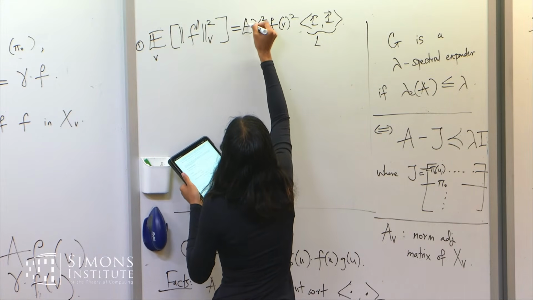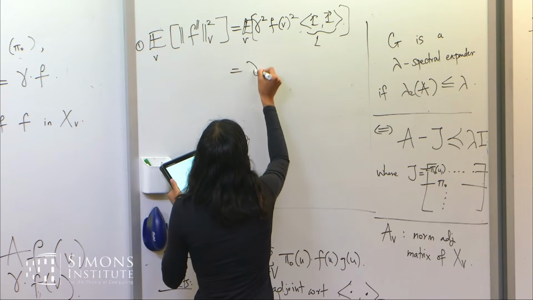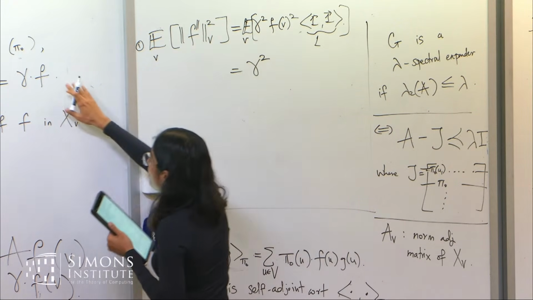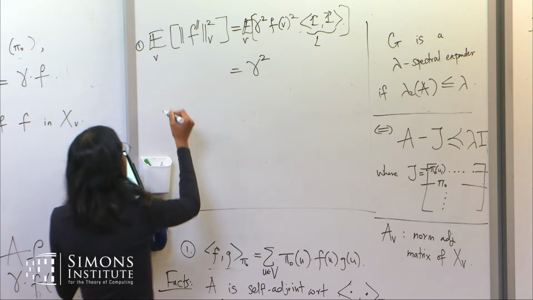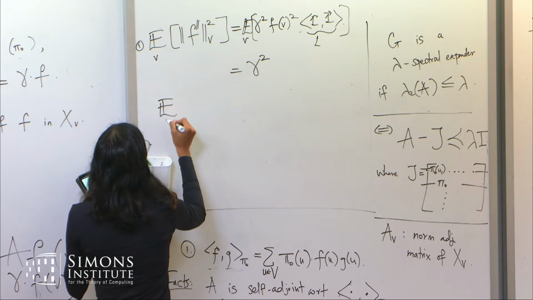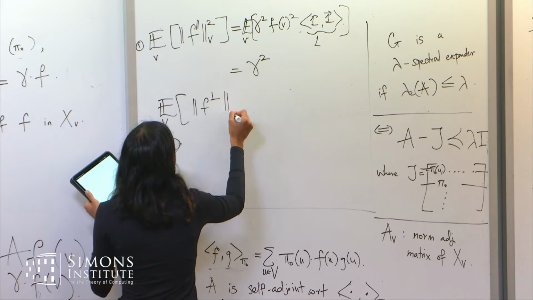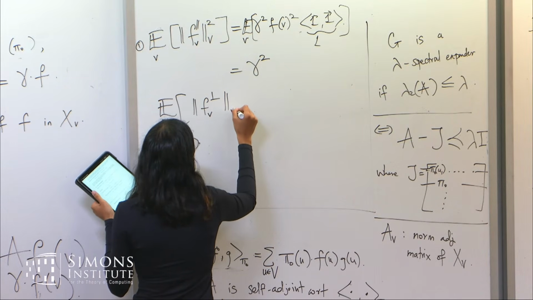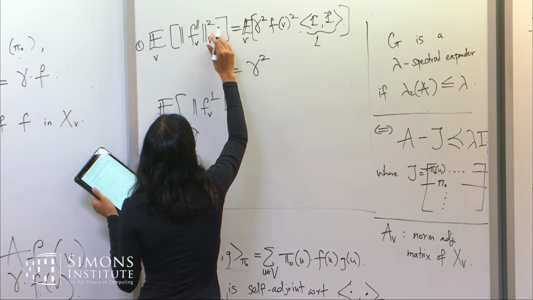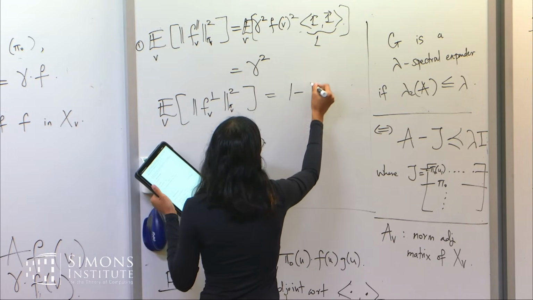Oh, yeah. So since the norm of F is 1, we just get this is gamma squared. And because of this, the perpendicular part is going to be 1 minus gamma squared.